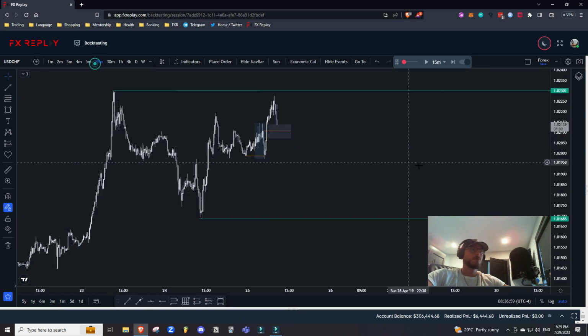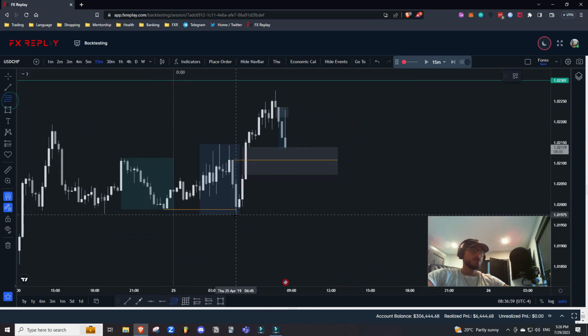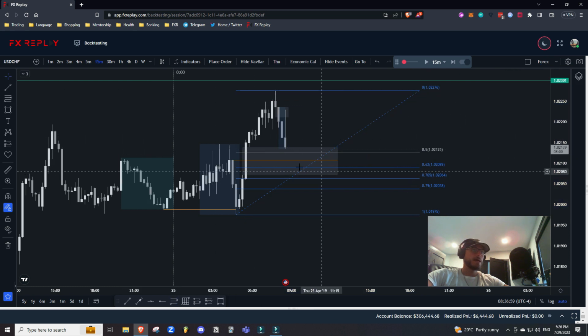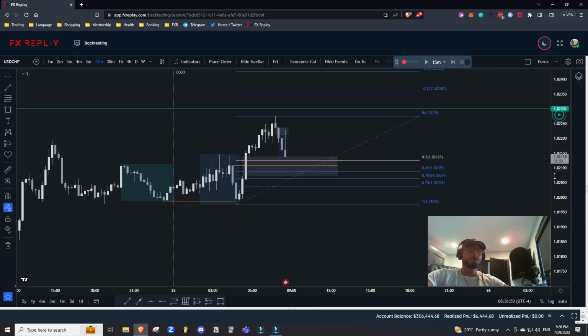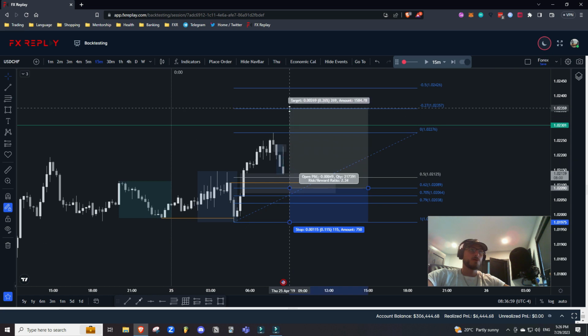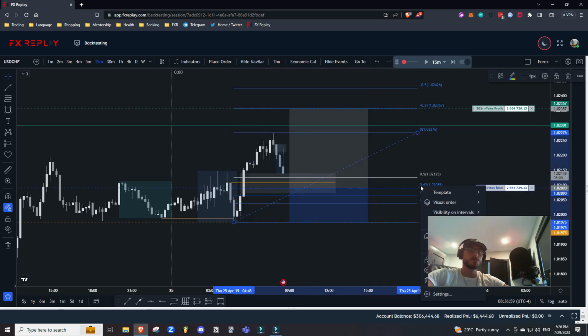So I was going to say we could potentially enter, but I know the risk reward would have been pretty abysmal. So let's look at an OTE entry right here. Stop below that low, target up into here. So this is a classic OTE. I'm okay with taking one of these for 1% risk.